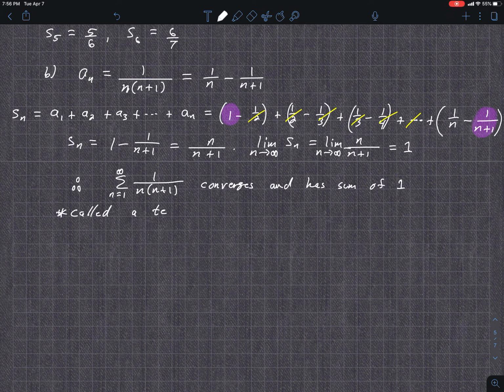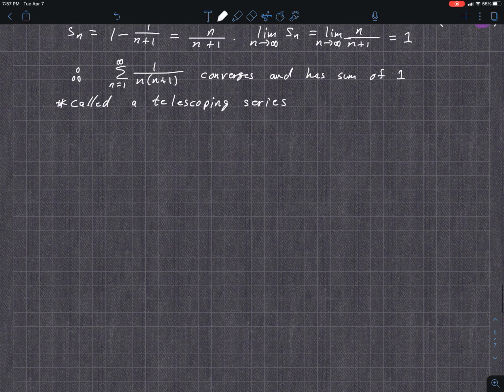When that happens, it's called a telescoping series. And it is somewhat of a special case for sure. Let's look at another example of this. This one is a little different. These are all just those special cases that come up that we want to start with first.